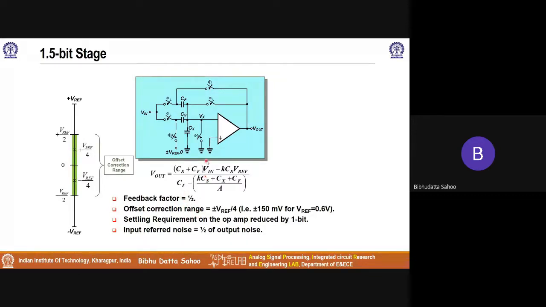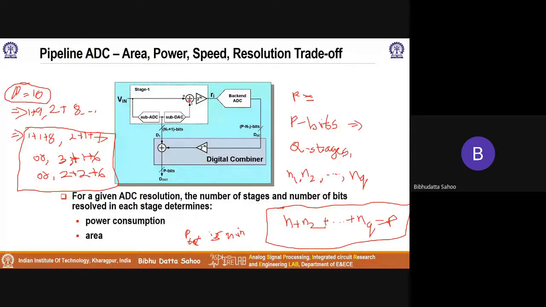Okay. Now, if I resolve one bit here, then what should be the accuracy of the residue? Because the overall resolution is 10 bits, this residue should settle to within LSB over 2 of the remainder ADC. The remainder ADC is 9 bits. That means it should settle to N minus the number of bits you resolve, divided by 2.